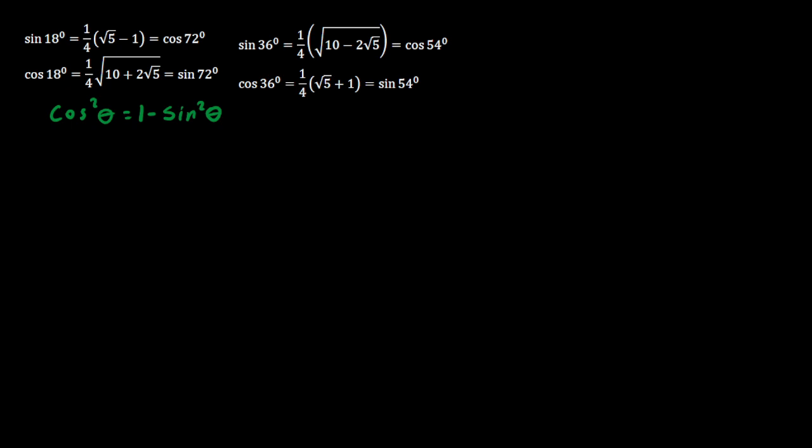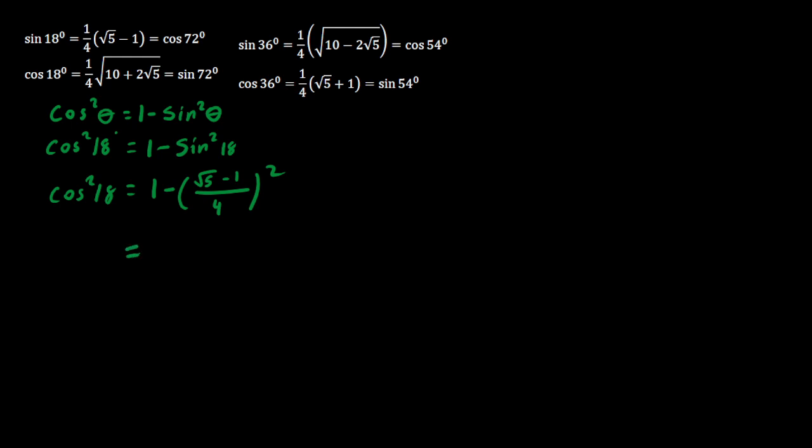So cos squared 18 is equal to 1 minus sine squared 18, or 1 minus root 5 minus 1 over 4 squared. So cos squared 18 equals this. All right? So we can simplify this.